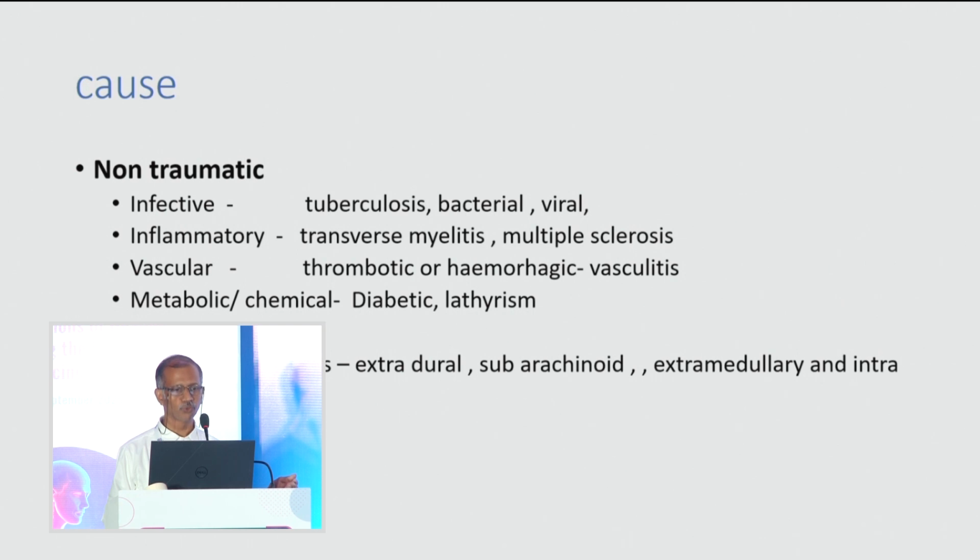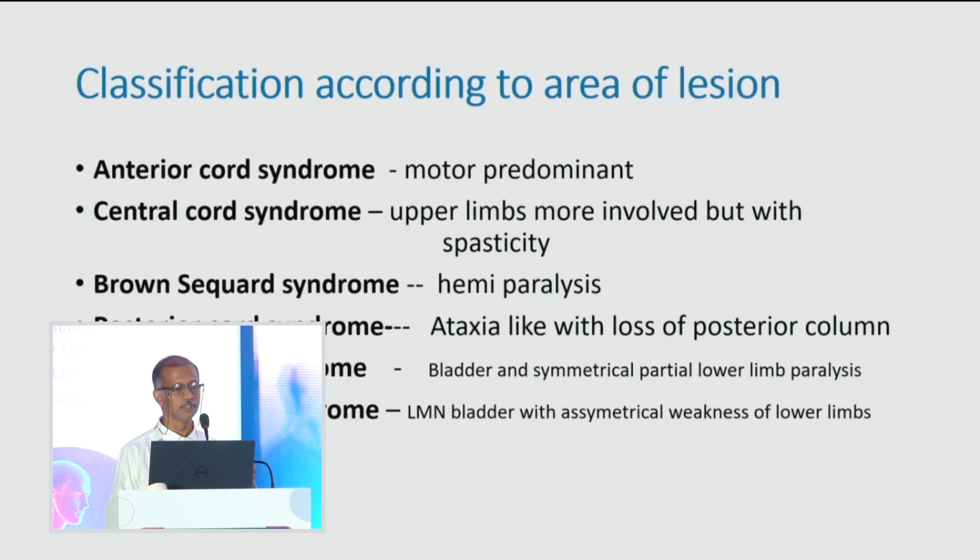Infective: tuberculosis, bacterial and viral infections. Inflammatory: again transverse myelitis, multiple sclerosis. Vascular: thrombotic. Metabolic could be diabetic, lathyrism. And neoplastic, which can be extradural, subarachnoid, extramedullary and intramedullary. So the classification is just for grouping purposes.